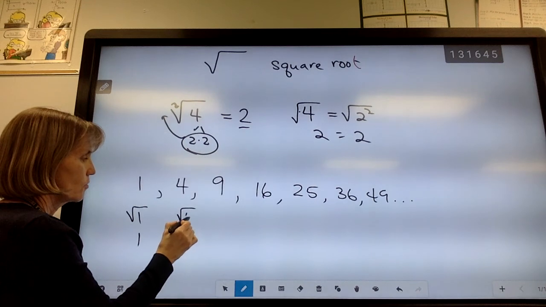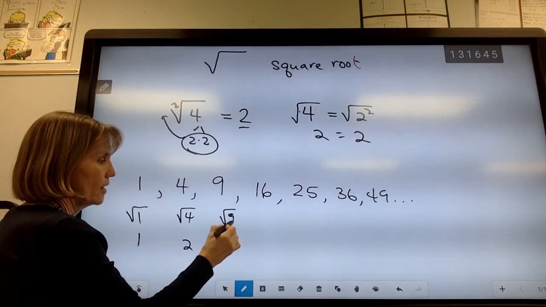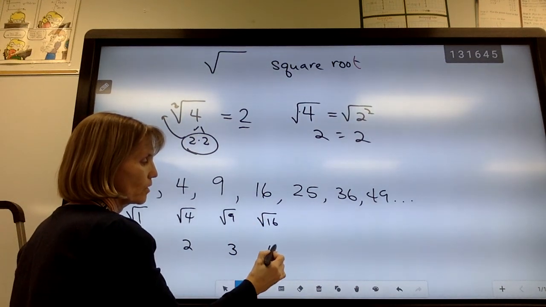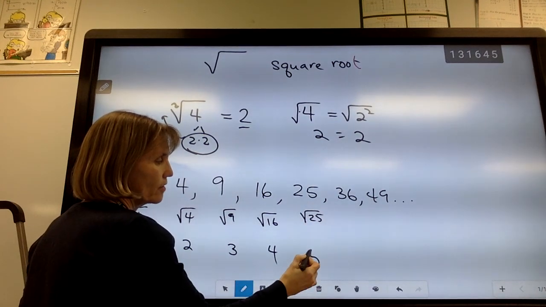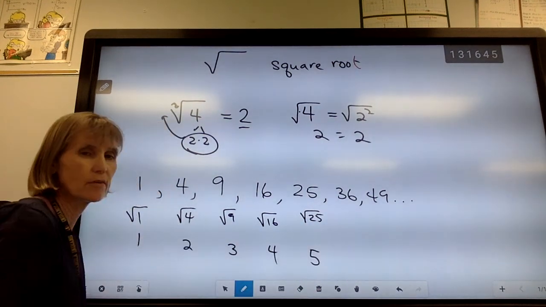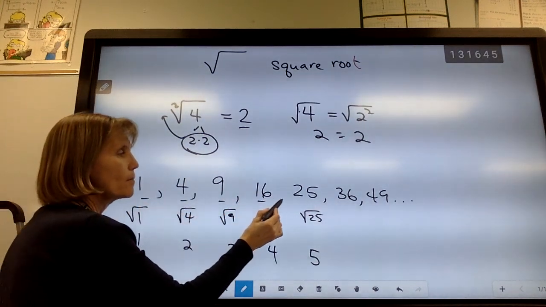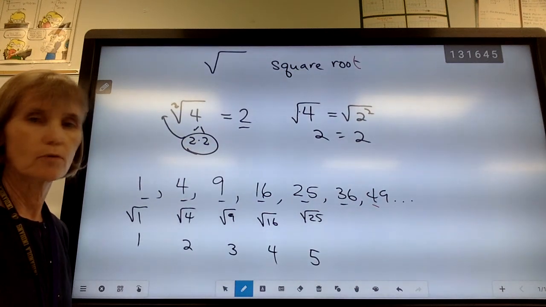I can take the square root of 4 and get 2. The square root of 9, I'm going to get 3. The square root of 16, I will get 4. If I take the square root of 25, I get 5. This would be 6, that would be 7. So these values we kind of memorize as being numbers that have nice perfect square roots.